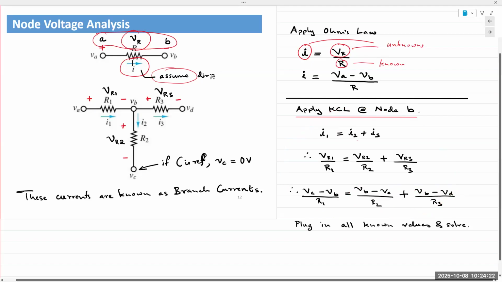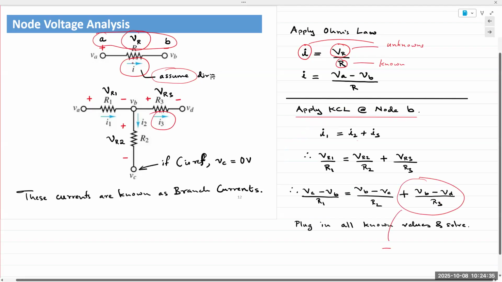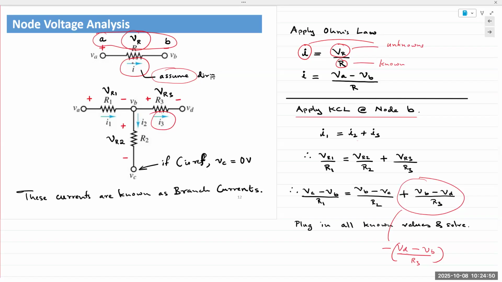Now, if somebody chooses a different direction for, let's say, I3, instead of having this term, it would actually be minus VD minus VB over R3. The KCL equation would change, and the node voltages would also change, because I'm assuming the current's flowing in the opposite direction.